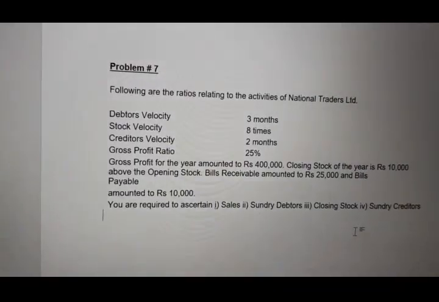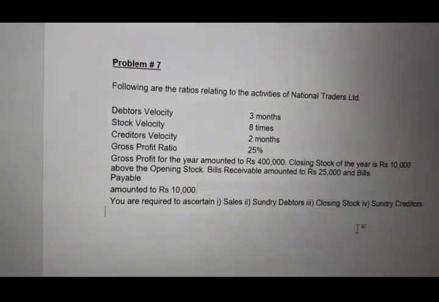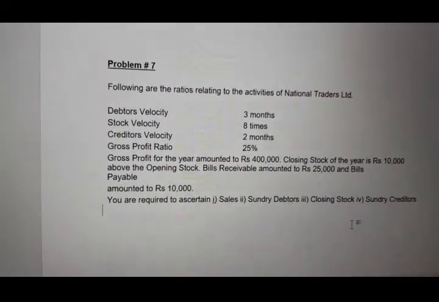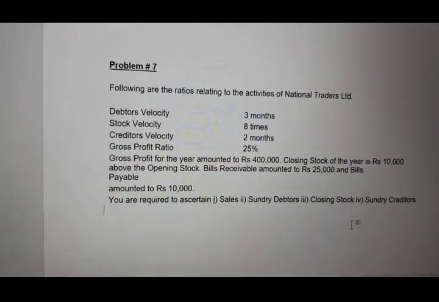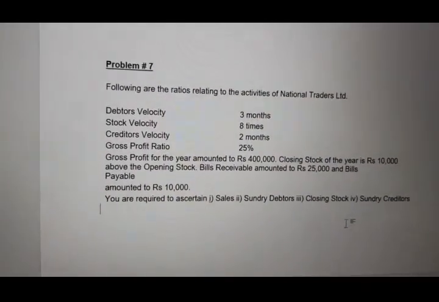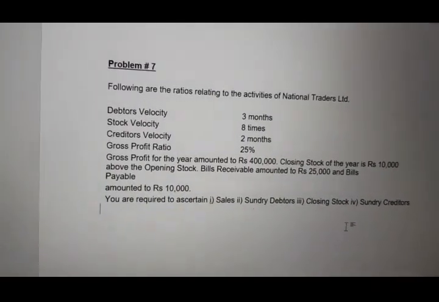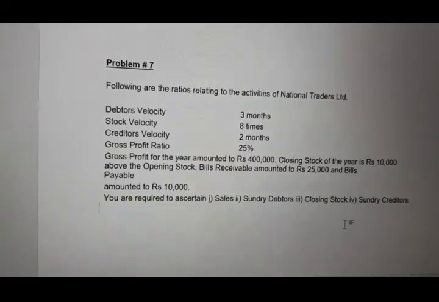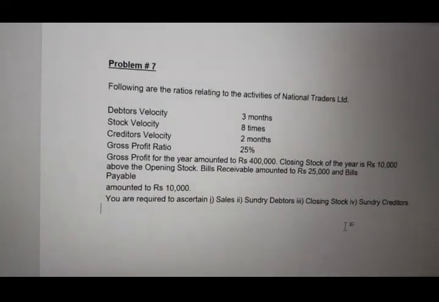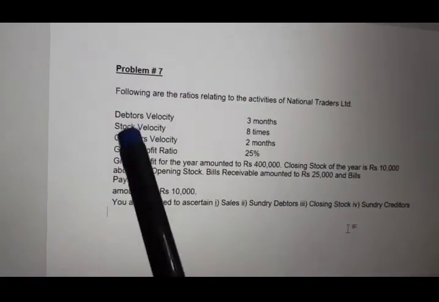So how many times in a year we have received money from a debtor? So always remember the turnover ratio, the result will be in times, and velocity ratio means with what interval. It may be an interval of 3 months, it may be 2 months. With what interval we have received money from debtor. So that is debtor's velocity ratio.